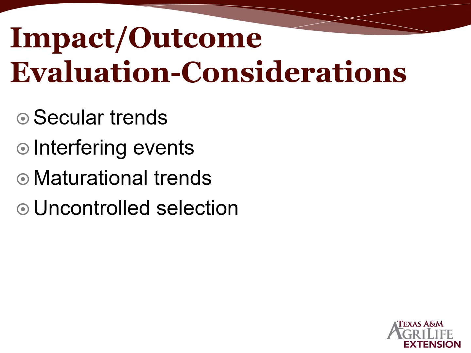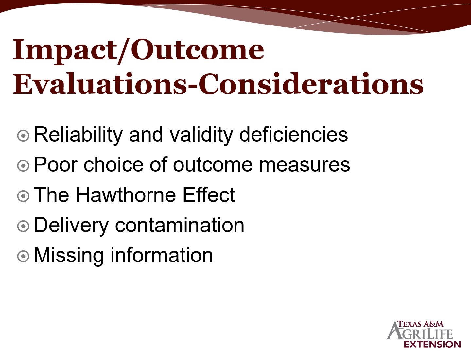So, in order to control uncontrolled selection, if that's possible, you think about ways that you can limit that. We're not trying to keep people from participating. We're just trying to focus our program on those who need it most and those who we think we can have the greatest impact with. So, like we talked about, location, time of day, childcare, those sorts of things that might help make sure that we have the right people in the room participating in a program can help with uncontrolled selection.